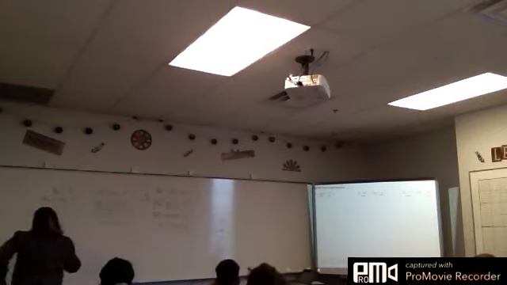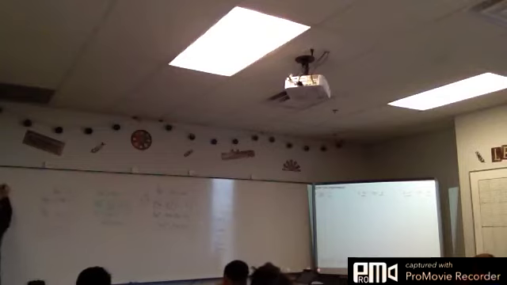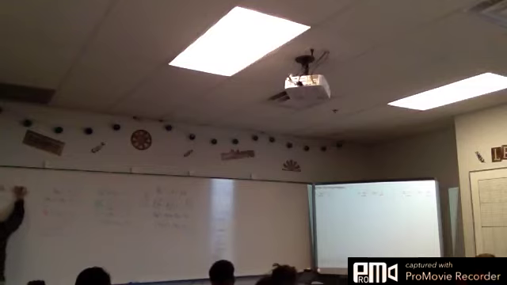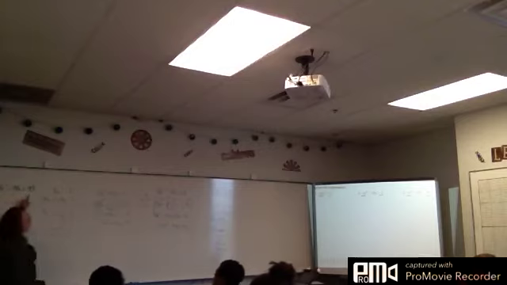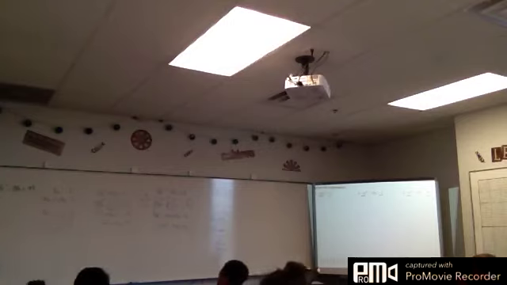Now look at this next one. 4r squared minus 28r plus 49. Okay, always ask yourself, is the beginning a perfect square? What is it? 2r. Is the end a perfect square? What is it? 7. What's 2 times 7?